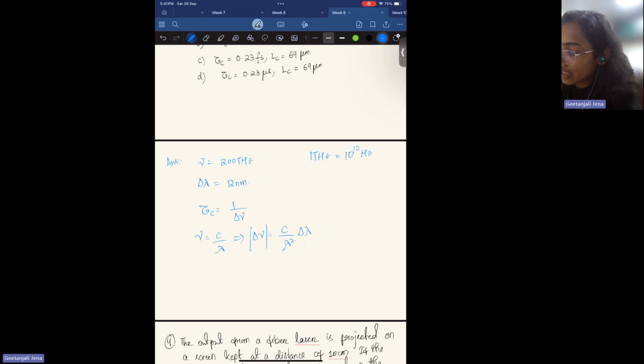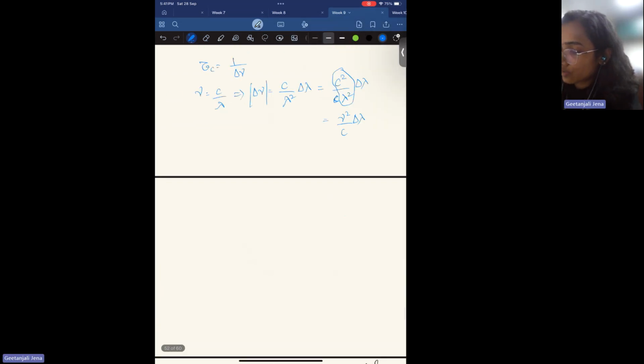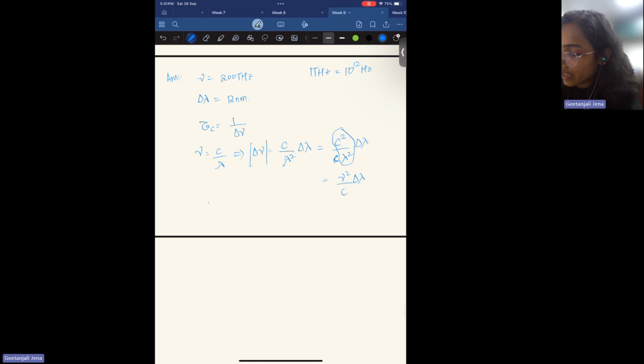Instead of doing that, let us multiply by c and divide by c here. So this is c by lambda square, which becomes nu square by c, times delta lambda. And nu, c and delta lambda are already given.